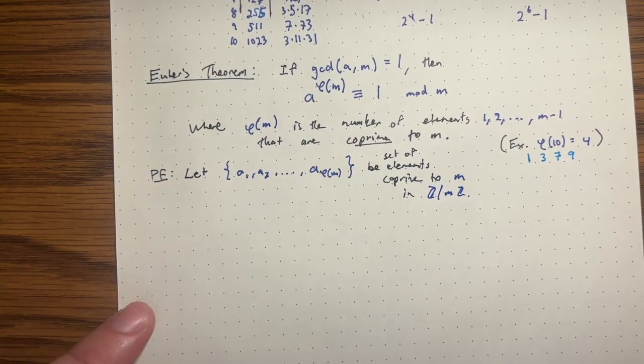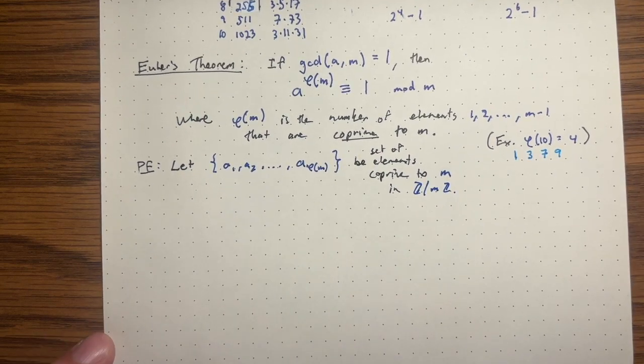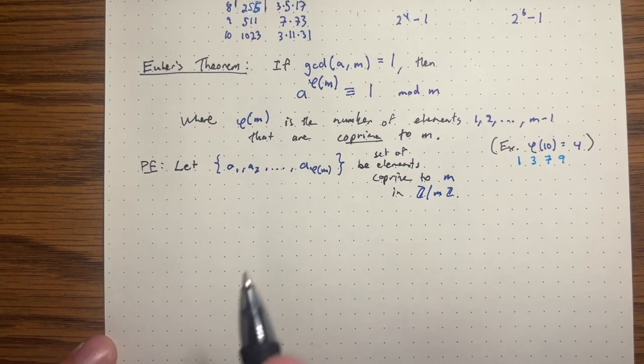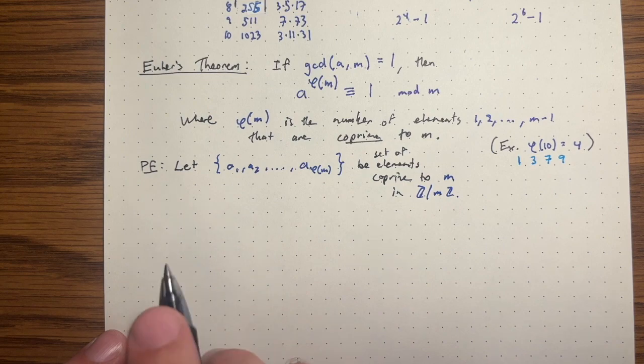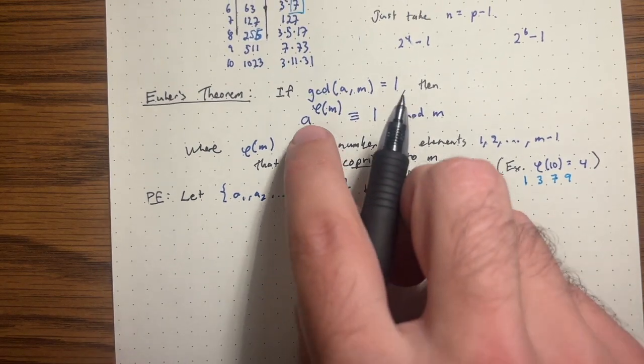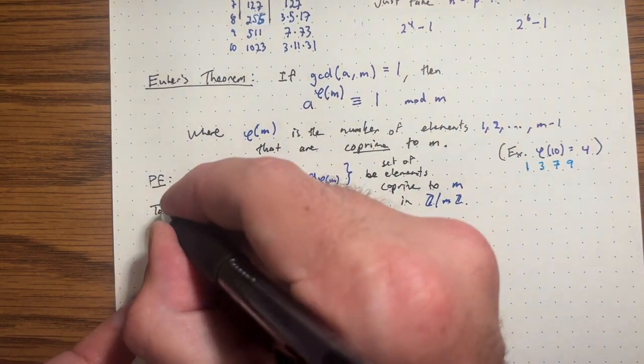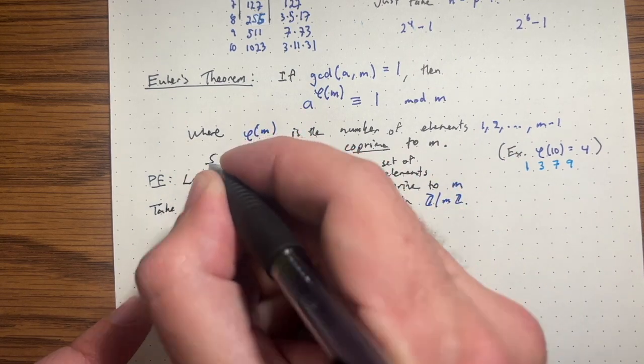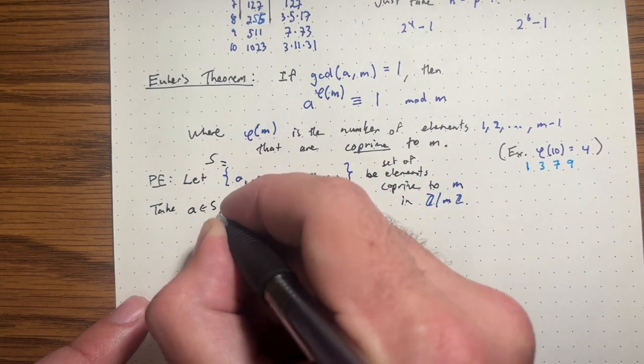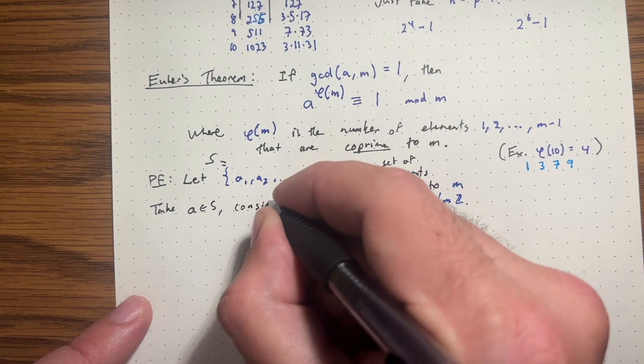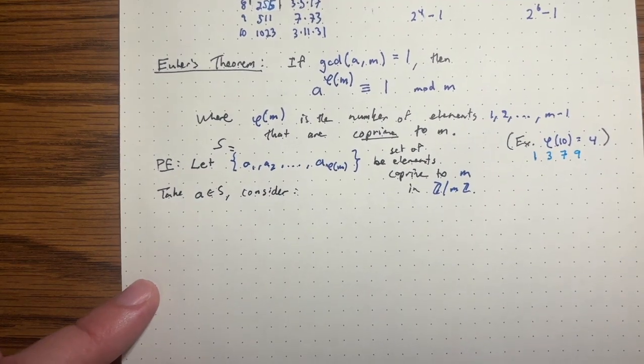Remember what we did with Fermat? In the proof of Fermat's theorem, we took any arbitrary element, and that's the thing that's ultimately going to end up being this A. So take A and S, and consider the following.